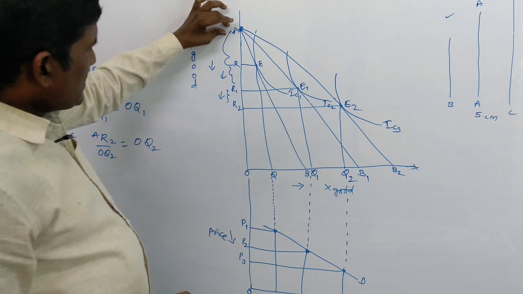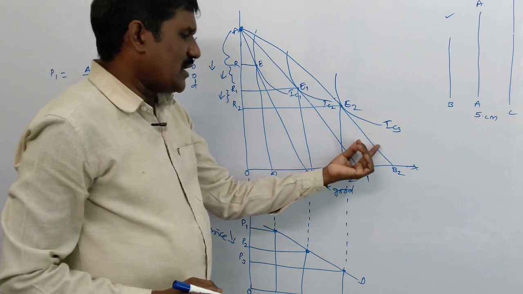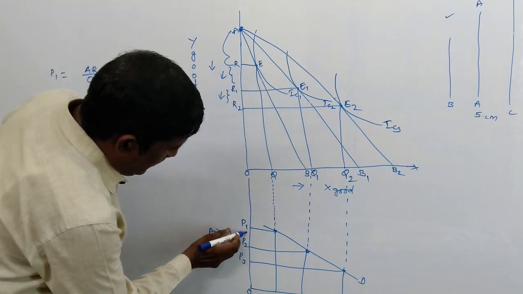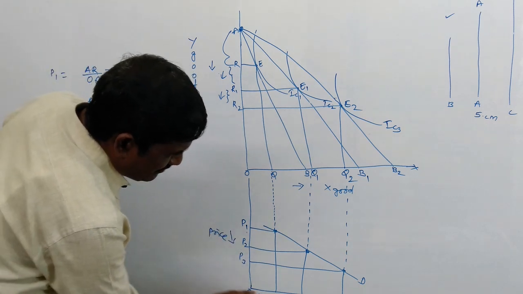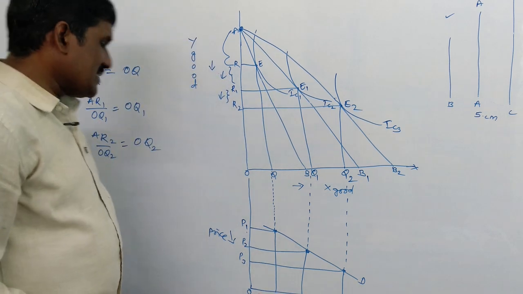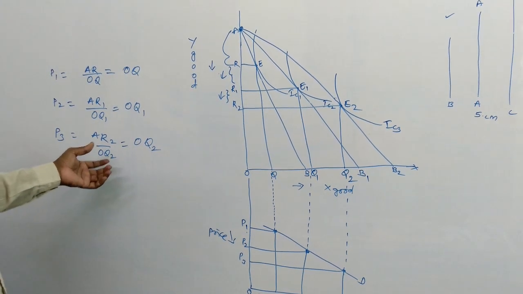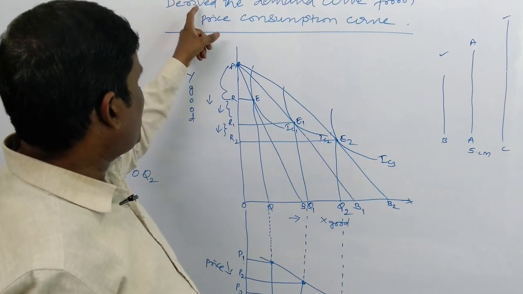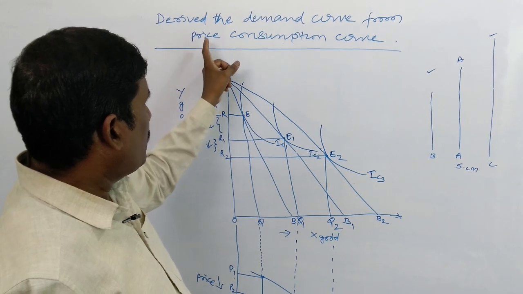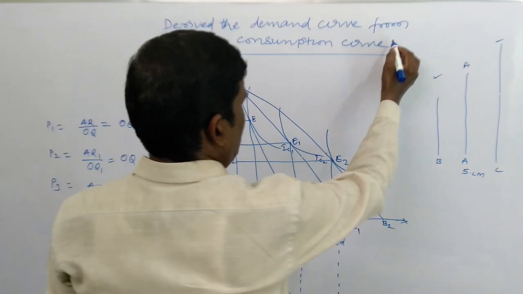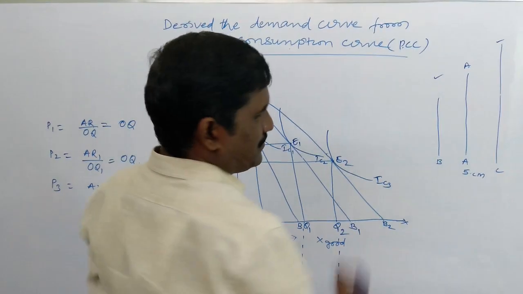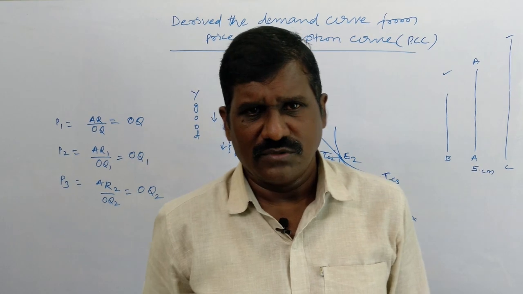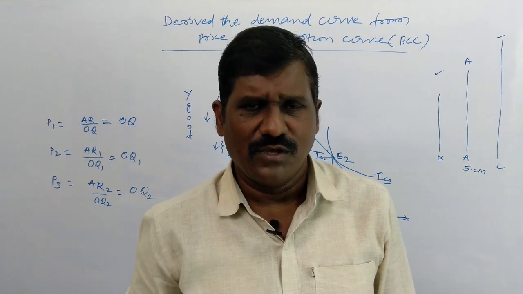Y price is constant, but with changes in the X commodity, the Y commodity decreases and the X commodity increases. This is the way to derive the demand curve from the price consumption curve, the PCC curve. So this is the presentation of the derivation of the demand curve from the ICC.